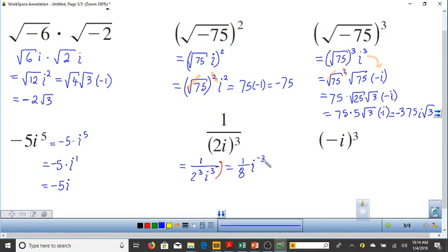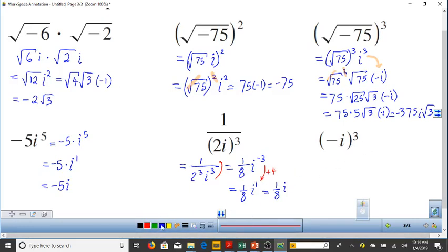Negative exponent, negative remainder, we would add a 4 to that exponent, and we get i to the 1. So the answer for this one is 1/8 i. And the reason again is we added 4 to the negative 3.